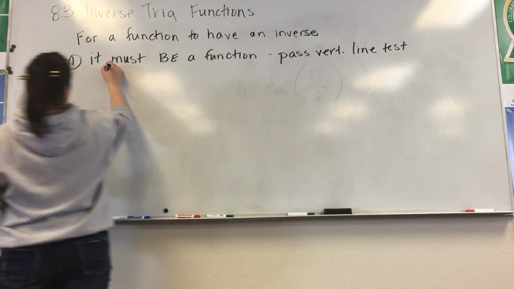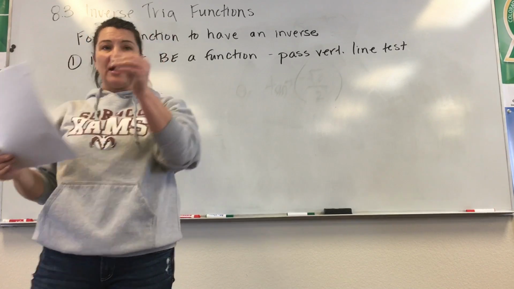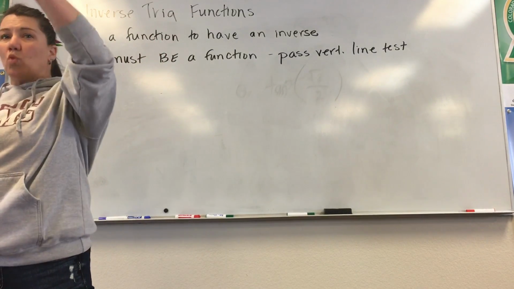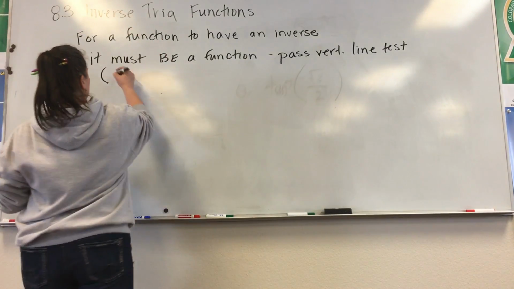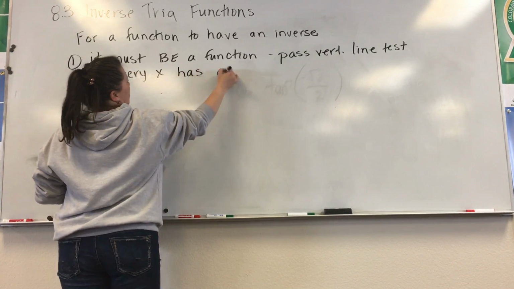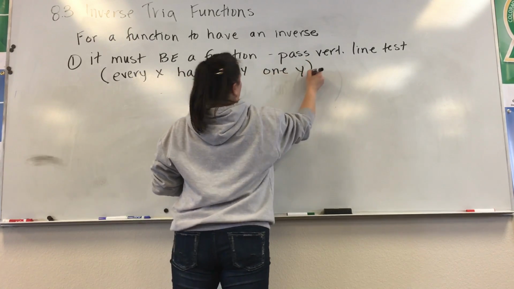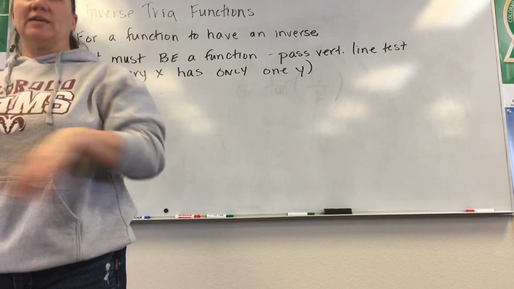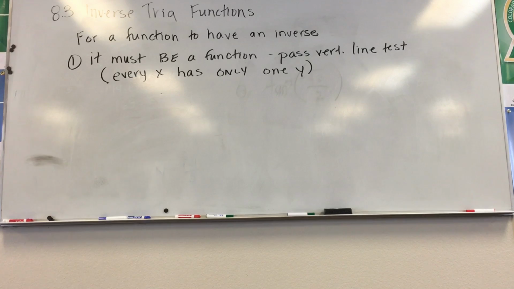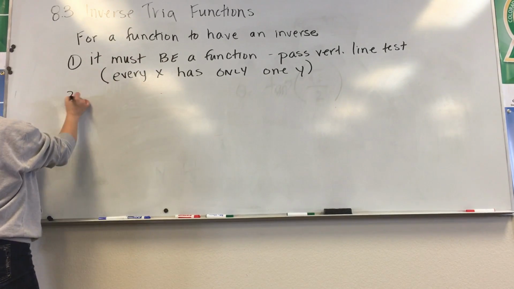In other words, when it passes that vertical line test, it means that every x only has one y. I know that seems silly, but it has to do these things.